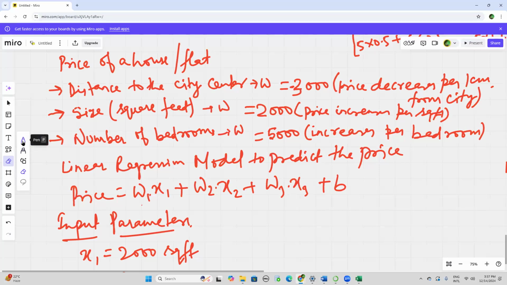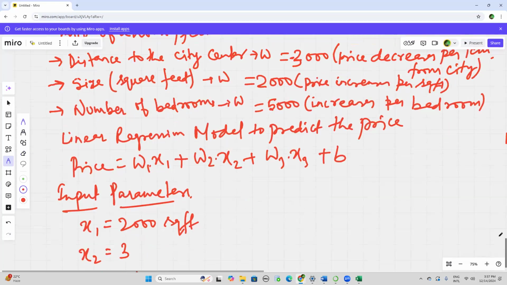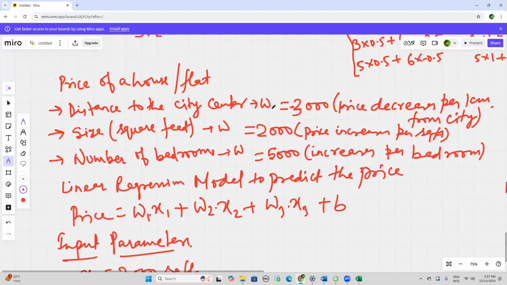Sorry, occasionally I'm speaking in Hindi, which I should not do because we have participants from South as well. So for price decreases per kilometer from city we have taken X3, so I will take it as W3.